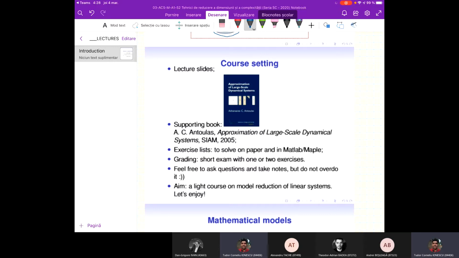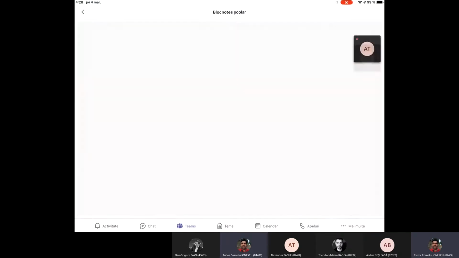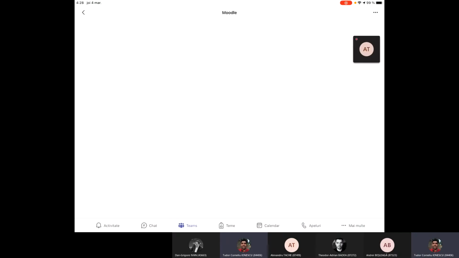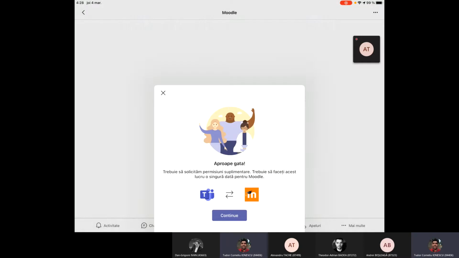He wrote this book, which has become some sort of a Bible for model reduction, collecting quite a number of very important results in this field, and making this very nice book. I made this book available to you on the Moodle of this class, which I'm going to ask you to follow quite closely and stick to.